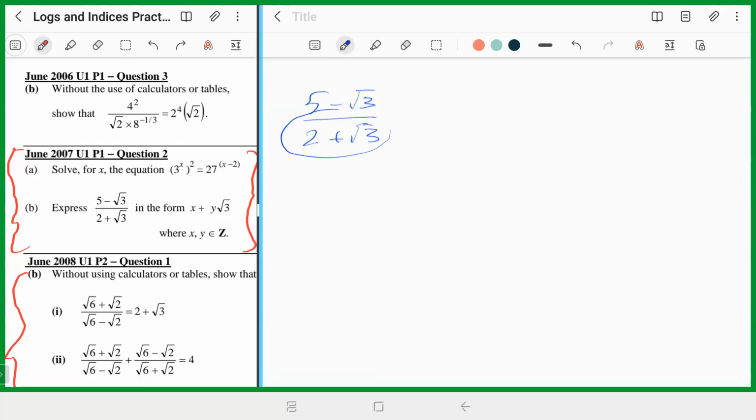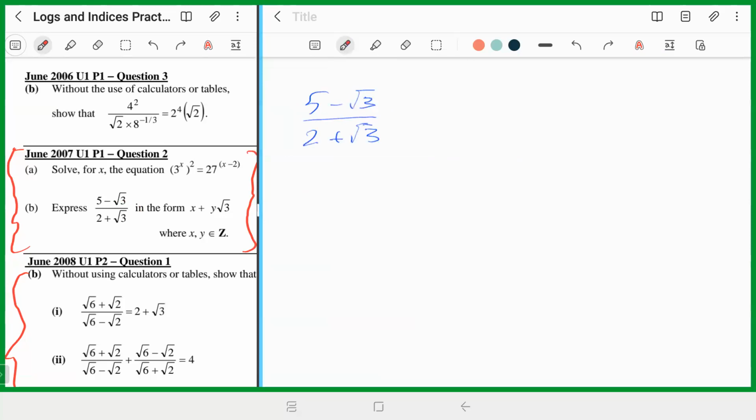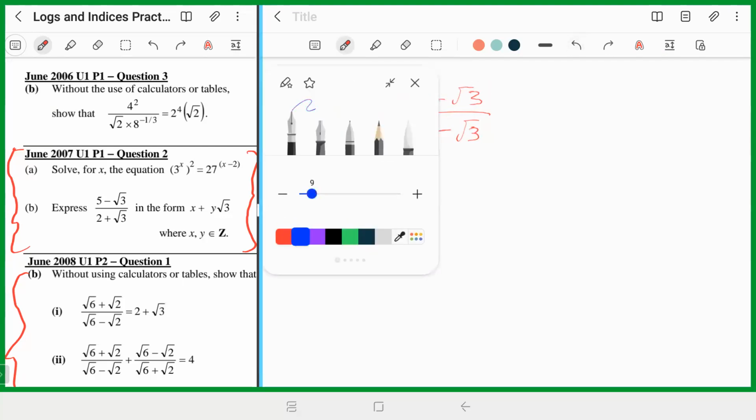We want to rationalize the denominator. You multiply it by its conjugate to set up the difference of 2 squares. We're going to multiply the denominator by 2, and since it's the plus, we're going to put a minus root 3. Since you multiply the denominator by 2 minus root 3, we have to multiply the numerator by the same thing, 2 minus root 3. All right? So the denominator becomes the difference of 2 squares, and then here now multiply these two things. Ready? This becomes equal to.